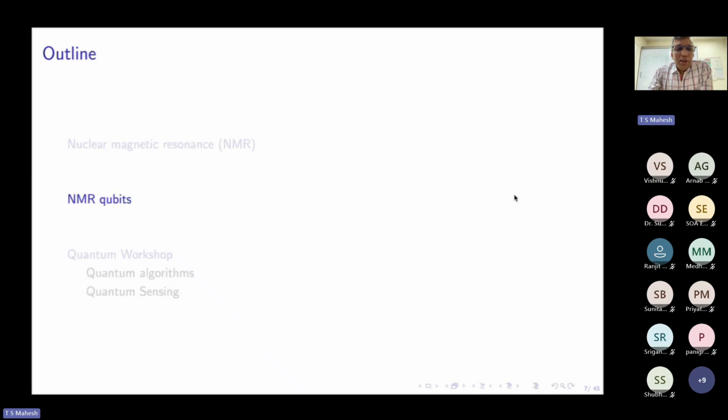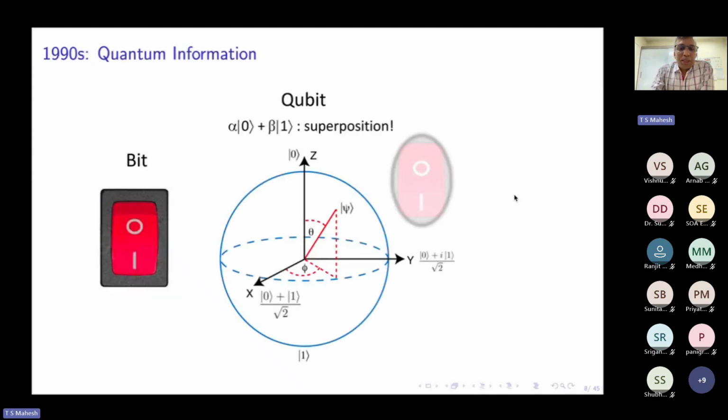Okay, so now let me straight away come to NMR qubits. I am sure in this series of lectures that you are taking, you have already become experts in quantum information, so this is just for the sake of completeness. As you know, we have the Bloch sphere representation of a single qubit, and we have poles representing the basis states 0 and 1, and any arbitrary pure state is represented on the surface of the Bloch sphere.